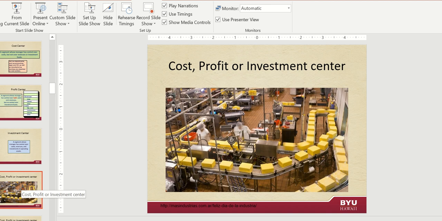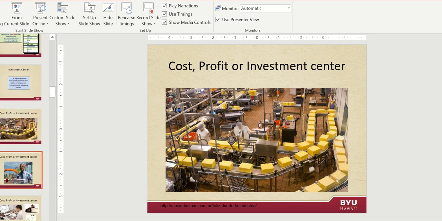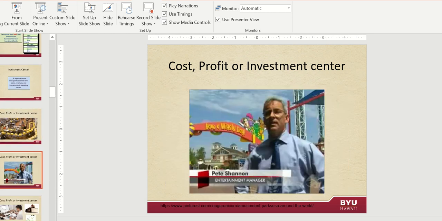This is a manufacturing or production facility, so would it be a cost, profit, or investment center? This would be a cost center, just like it said in the slide. Next, this is a manager over an amusement theme park, so roller coasters and entertainment.